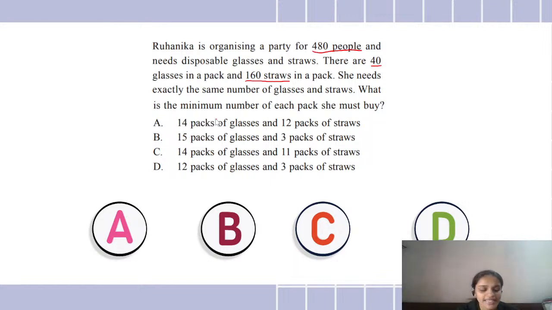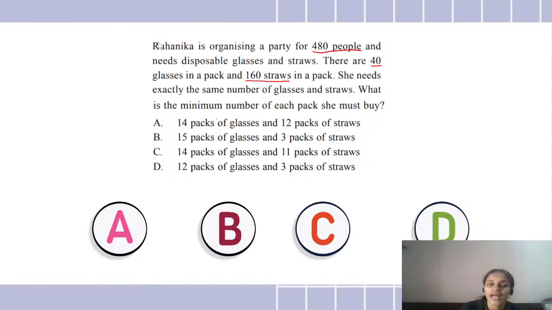You've written D, yes. Okay, Janisha now writes D. All right. So let's find out whether D is the correct answer or B is the correct answer.